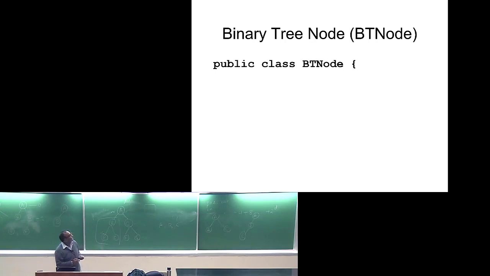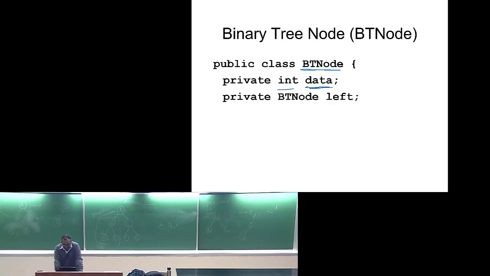We are calling that a binary tree node, BTNode. So you define public class BTNode, and in that class we will have a data field, right? Because a tree is useless unless you store some data there, and we are creating a binary tree for integer data. That's the reason the data field is going to be int.